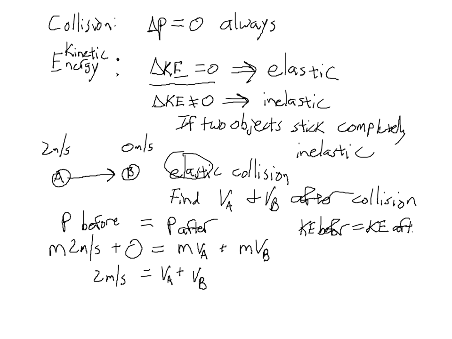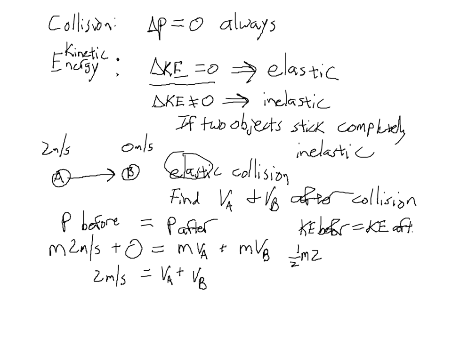The kinetic energy of the system before the collision would be 1/2 the mass of ball A times the speed of ball A squared. Oops, I wrote down V instead. Let me just get rid of that and go ahead and write in the 2.